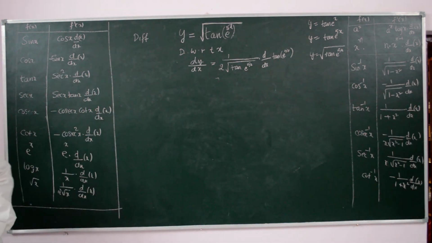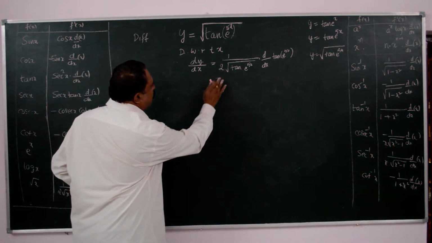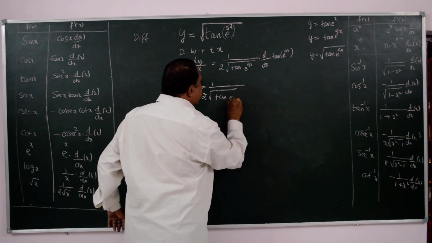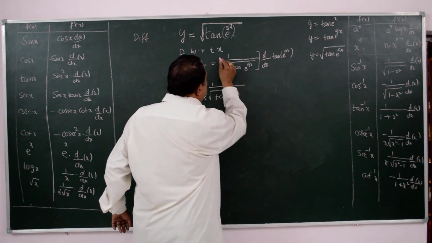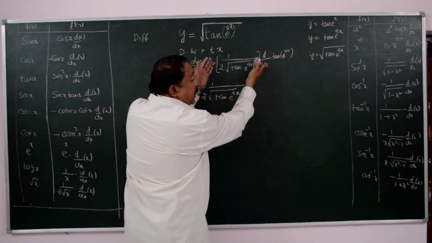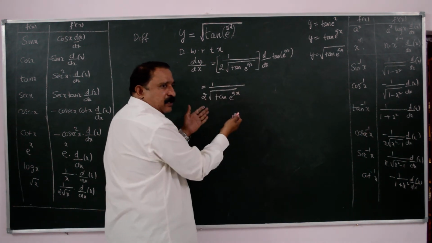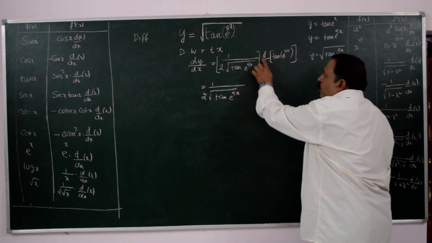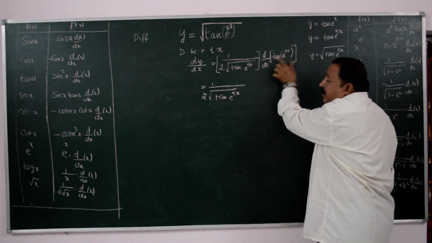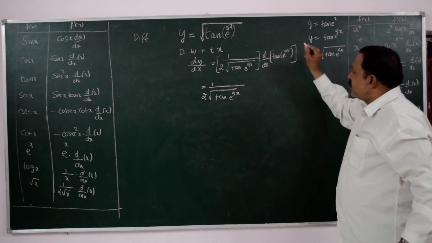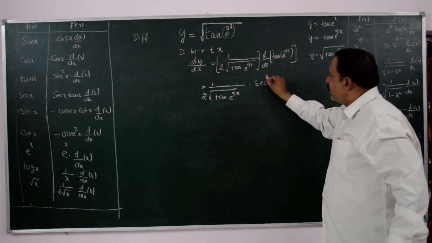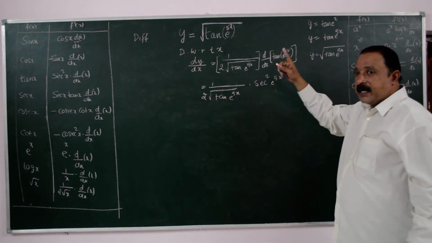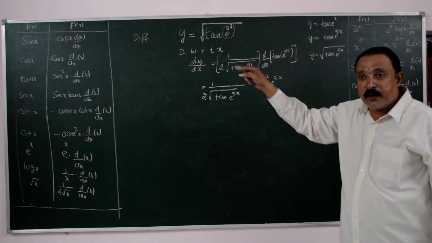Now let's differentiate further. Further you know, this is 1 by 2 into root of tan e to the power of 5x. So this component is just present without d by dx sign. So you just have to write, nothing to do with that. But this component is present along with d by dx symbol. That means you have to differentiate and write it. Now tan e power 5x differentiation. Secant square e power 5x. If you differentiate tan x, you get secant square x into d by dx of x.